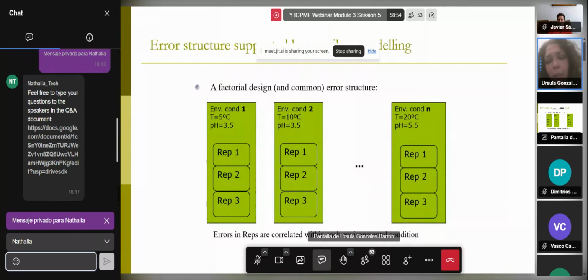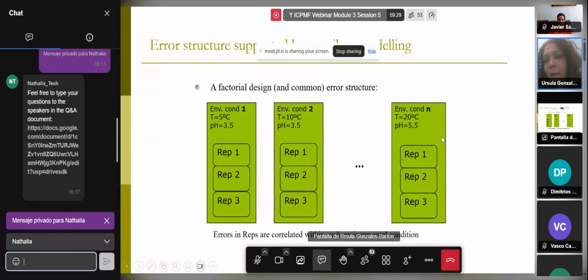What is common when we do challenge testing is to have a design like this. Every green block is an environmental condition. We have, in this case, temperature 5 degrees and a low pH. Environmental condition 2, a higher temperature, and so on. An environmental condition N, at a higher temperature, a higher pH.